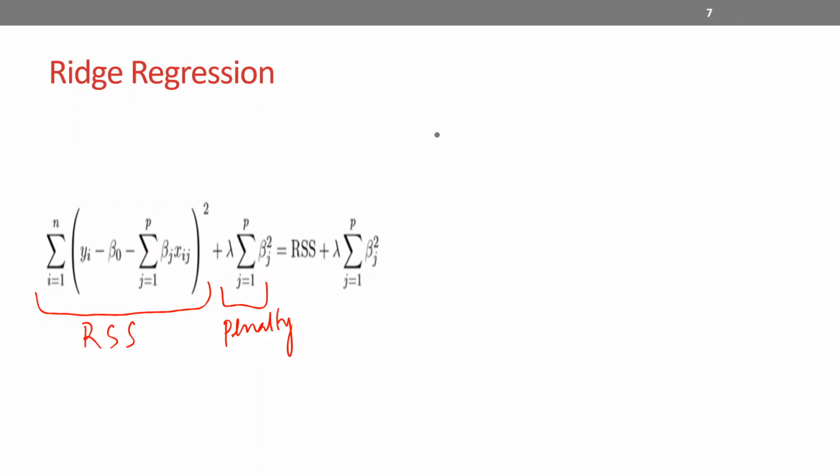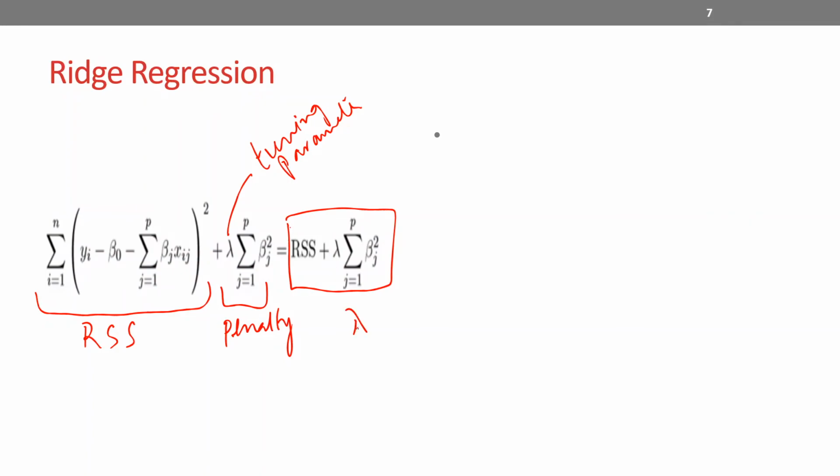Now notice what the penalty has. It has something known as lambda, and it has the sum of the squares of all my coefficients. Lambda is known as the tuning parameter because it decides how much to penalize the flexibility of the model. This is my tuning parameter, and here is my final objective function. Now think about it.